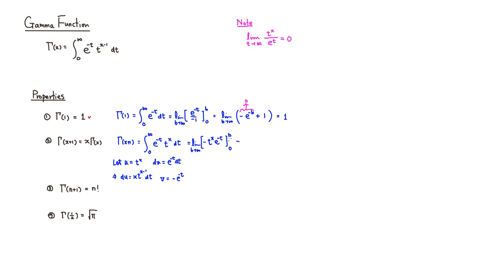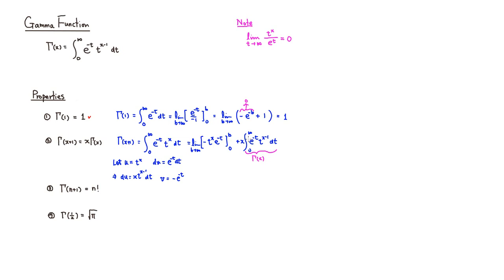Minus, there's a negative sign, so plus the integral from 0 to infinity. x is just a number, so I'll put it out front, so you have t to the x minus 1 dt times e to the negative t. Here we see something familiar: this is the definition of gamma of x.